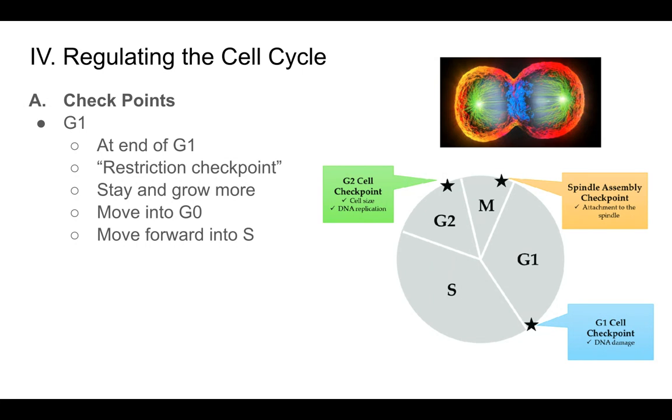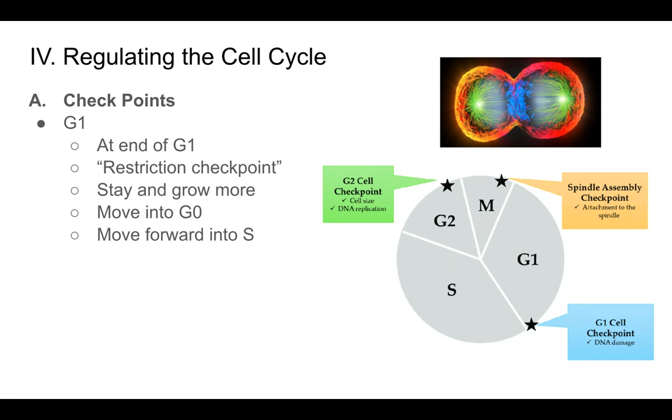So basically, when you hit the G1 checkpoint, we're looking to see, did we grow as a cell? Did we accomplish the tasks involved in G1? And let's take a peek at our DNA and make sure that we don't see any mutations, anything that would prevent the cell from being copied, or making sure that the cell is healthy enough to be copied.